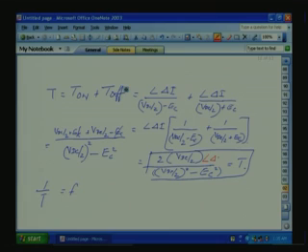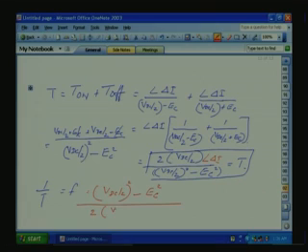F is equal to the inverse of this one, that is VDC by 2 whole square minus EC square, divided by 2 into VDC by 2 into L into delta I.